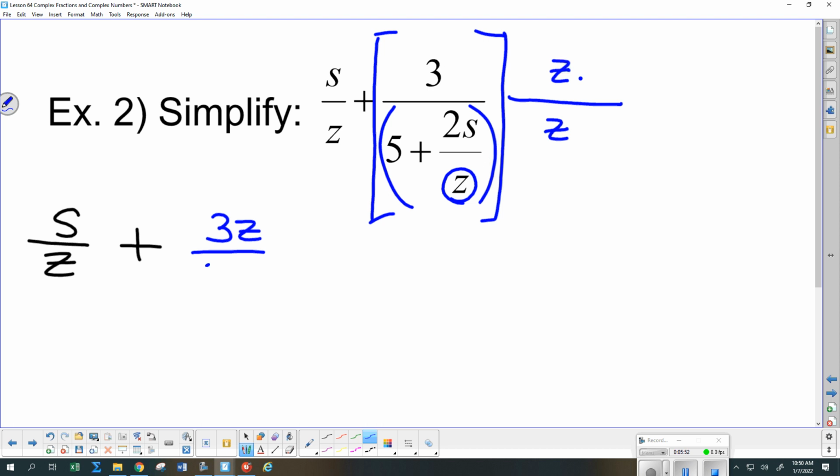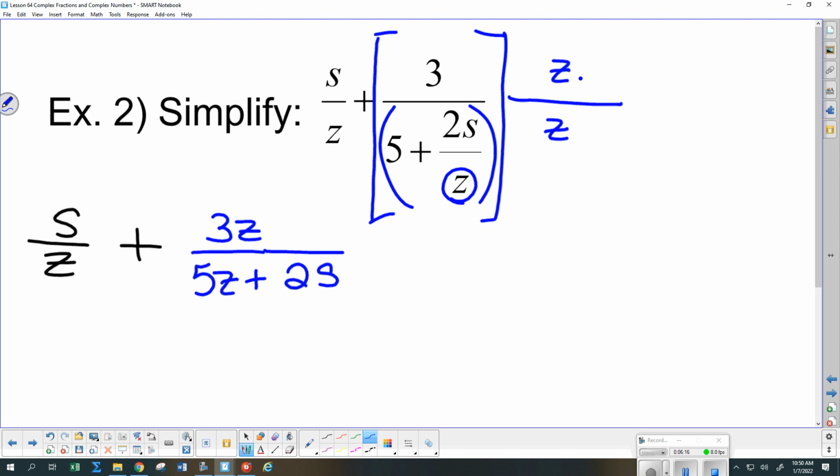So I have the 5 times the z plus 2sz over z, the z's cancel, and I just have 2s. Now I need a common denominator, and it's a little bit messier than the last one. But before I do that, thumbs up, thumbs down. Are we okay so far?